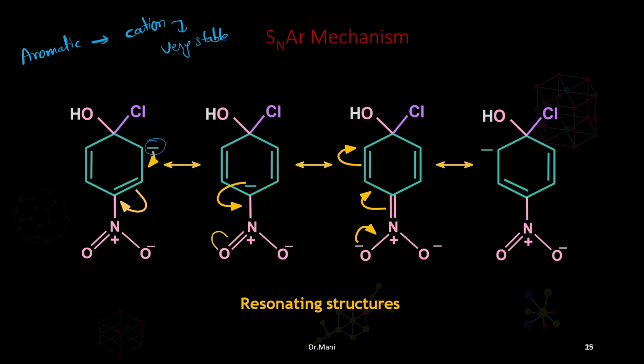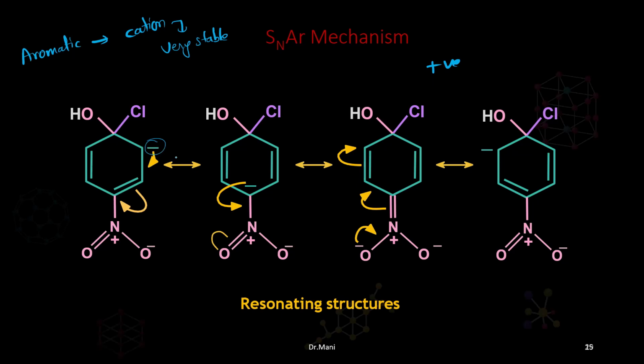Okay. So remember, this is a carbanion. Usually it should be a carbocation, but due to the negative charge present, this acts like a carbanion. Usually carbocation means it should have the positive charge, but here it contains the negative charge.